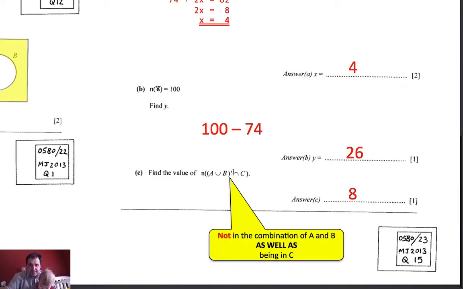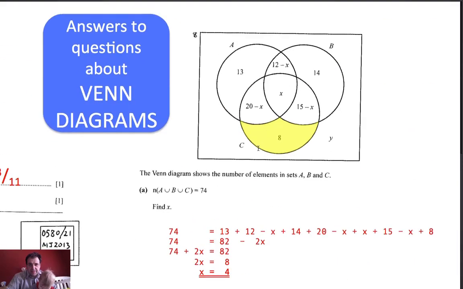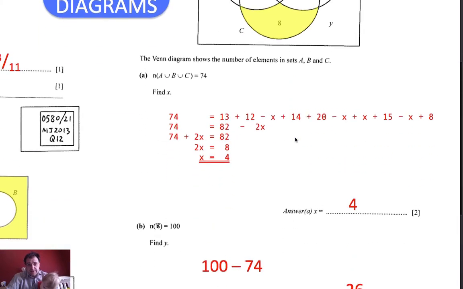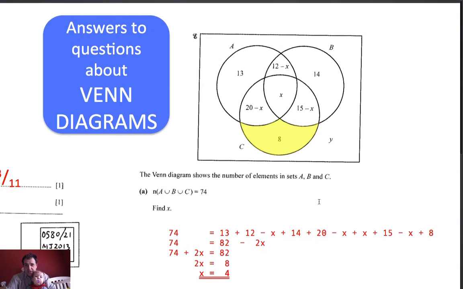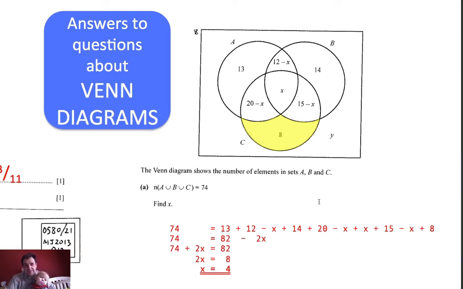And then it says intersect C, so where everything outside A and B overlaps with C, it's the bit that I've shaded yellow there, which is 8. So the answer there is 8. So just breaking that down into words, A union B dash intersect C means not in the combination of A and B, that's the A union B dash, as well as, that's the intersect bit, also being in C. So again, identifying that on the diagram, you can see directly that that's 8 elements in that set.